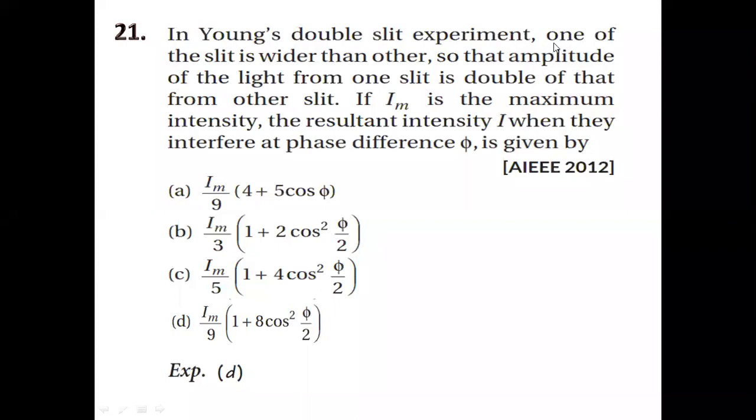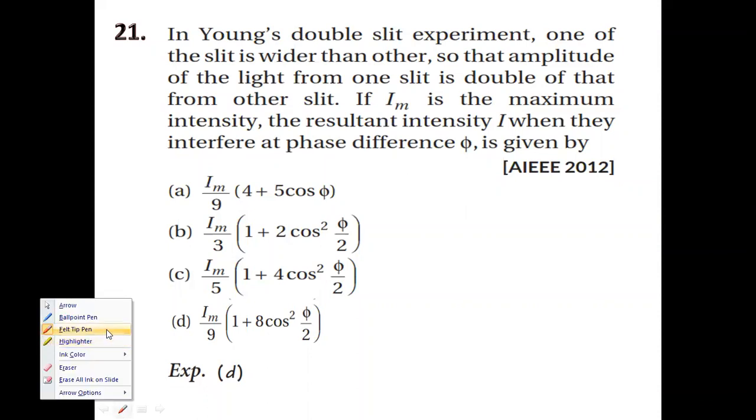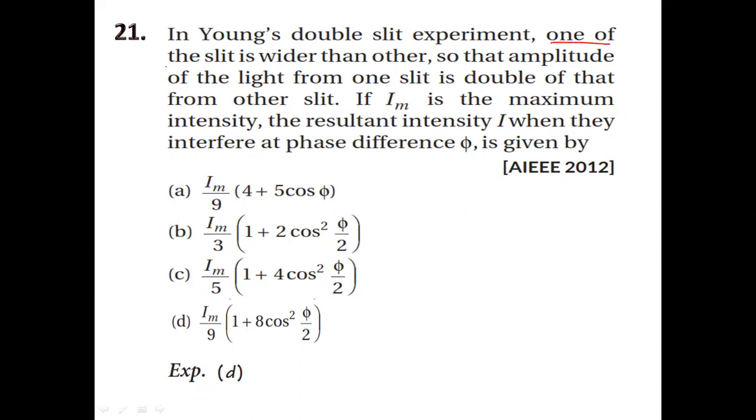See here, they gave that one of the slits is wider than the other. So the amplitude of the light from one slit is double that of the other slit.